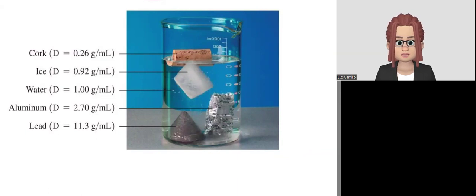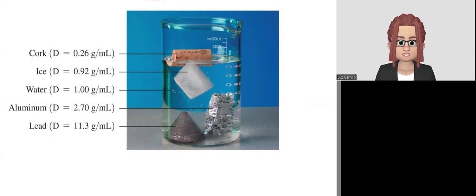The one that we have in larger amount is the water. And in parentheses, we have the densities of each of the different substances. We can see that the density of water is 1. And it's going to be this clear, colorless liquid that is going to be mostly in the beaker.